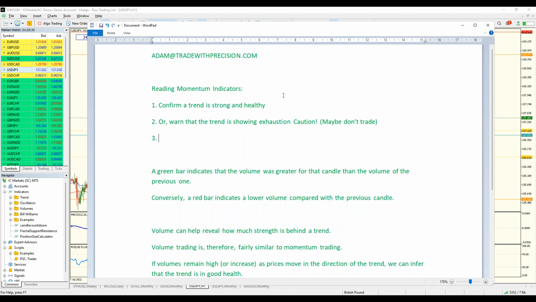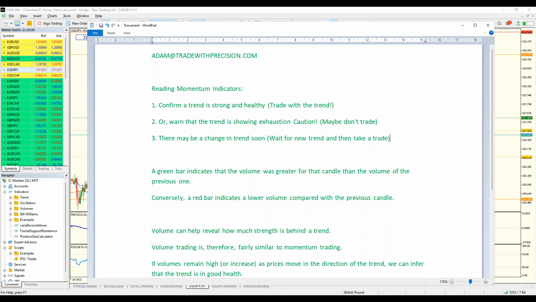Or trade with the trend. Maybe don't trade. And three, there may be a change in trend soon, which means wait for a new trend and then take a trade.